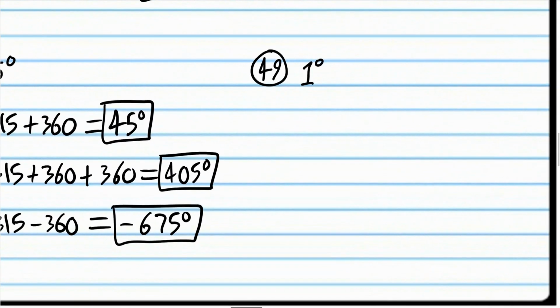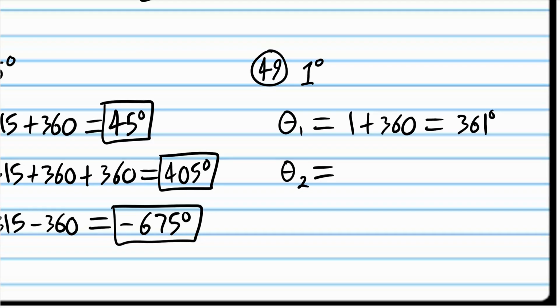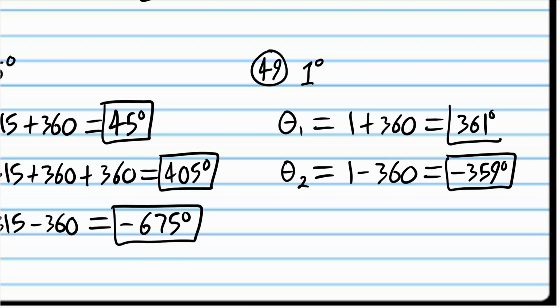All right, we're back, so let's add 360 to 1 degree, and we get 361. That's a coterminal angle. Let's subtract 360, and then we get negative 359 degrees. That's a coterminal angle. And let's try adding 360 two times.